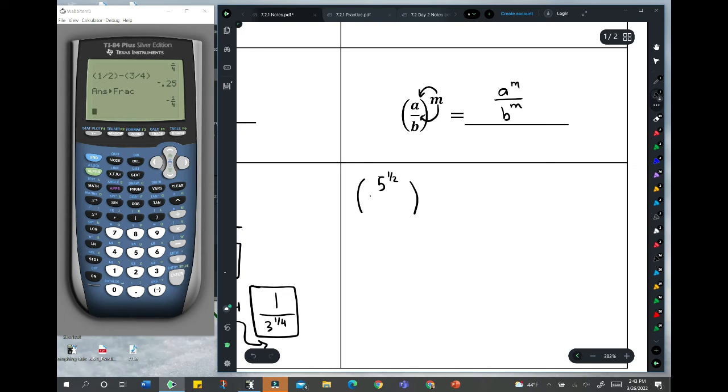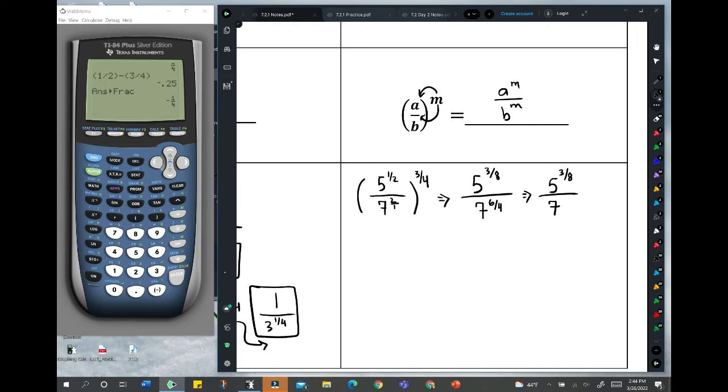If we had 5 to the 1/2 all over 7 to just the second, and we distribute that to the 3/4, what that's going to become is 5 to the 3/8 all over 7. This is really a 2 over 1, so 6/4. And if you simplified that, 5 to the 3/8 all over 7 to the 3/2.